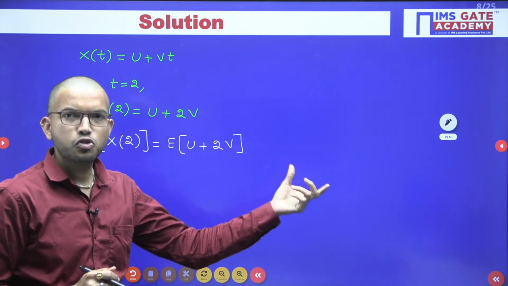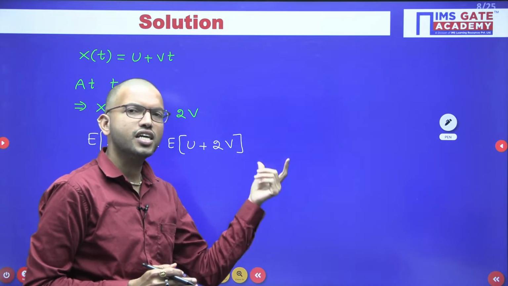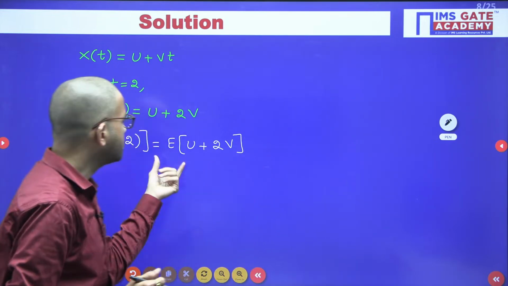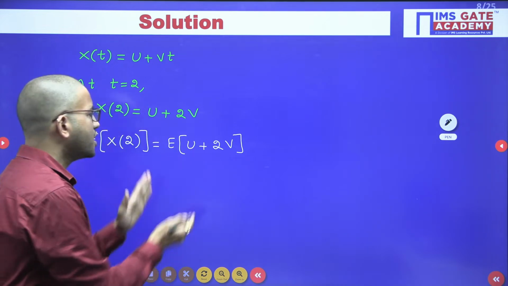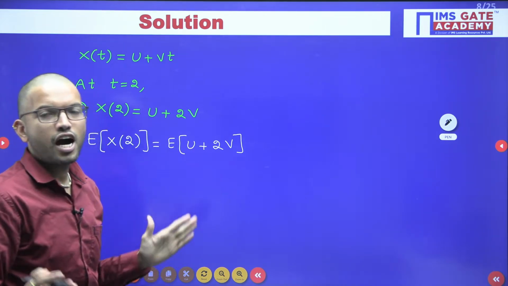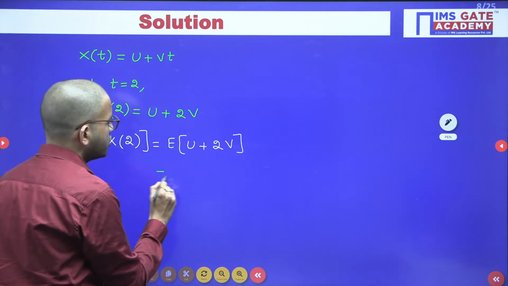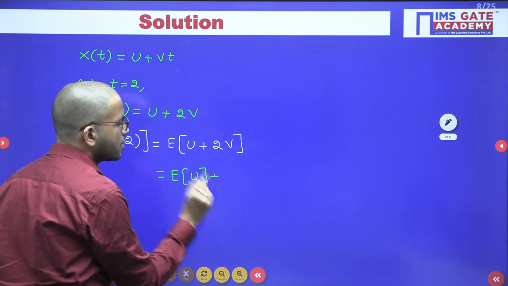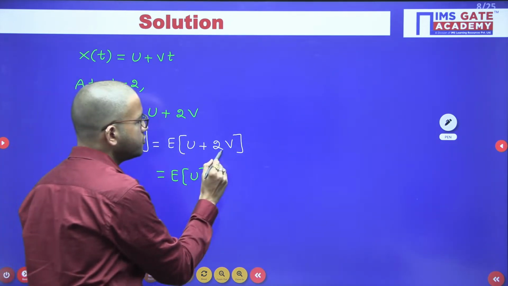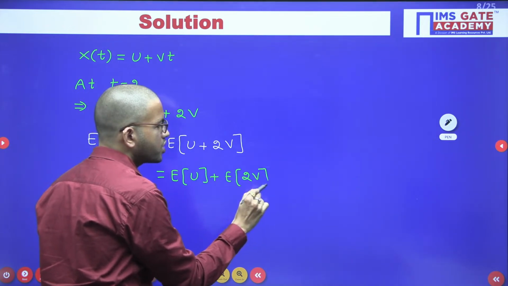If you have two terms summed together, we can perform individual integration and after that add. In the similar way, expectation is a linear operator. We can perform individual expectation, and after that perform the algebraic sum. So we can write expectation of U plus expectation of 2 times V.